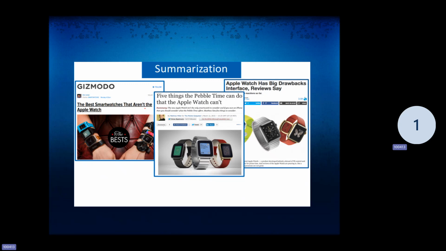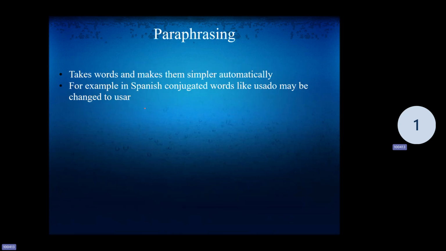It's known as summarization. Paraphrasing means if you write something on Google and the spelling is wrong, it gives you some suggestions. This is also part of NLP, and taking words and making them simpler automatically is the main task of your NLP system.